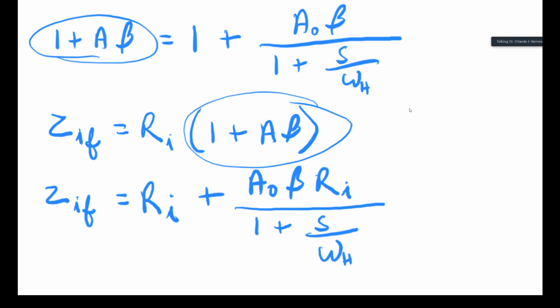that we can also express as an input admittance. So by taking the reciprocal of this and just doing some manipulation, then we get an admittance that is complex.